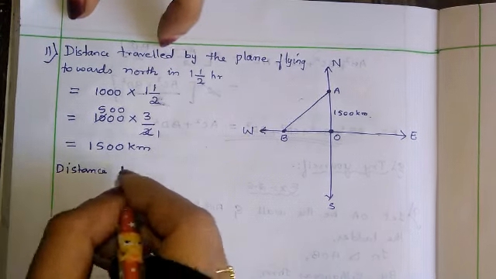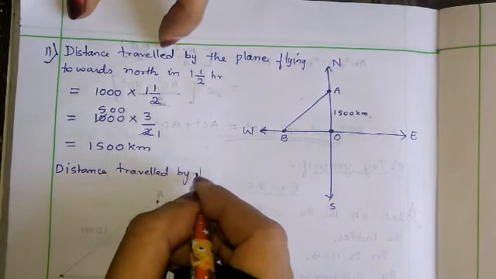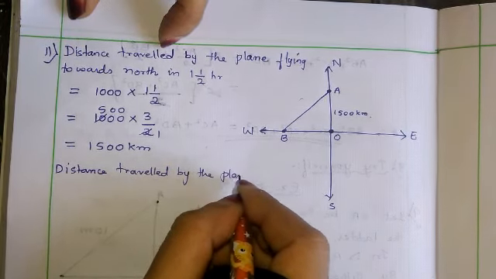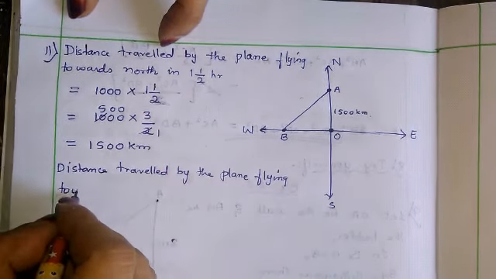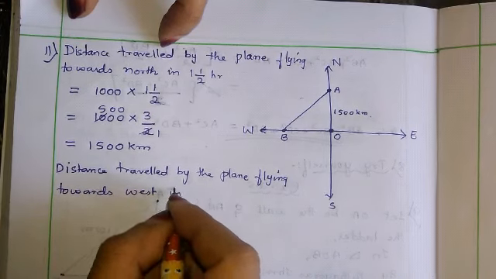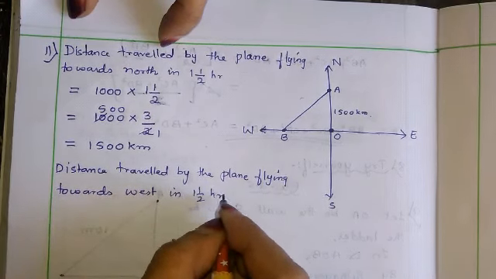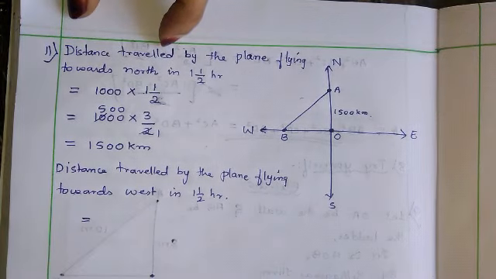Distance traveled, exactly same, by the plane flying towards west in 1.5 hours. They have told in the question west is 1200.